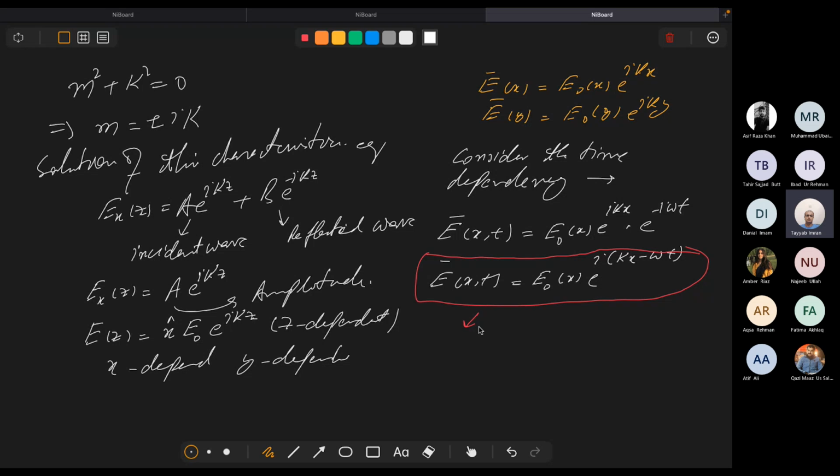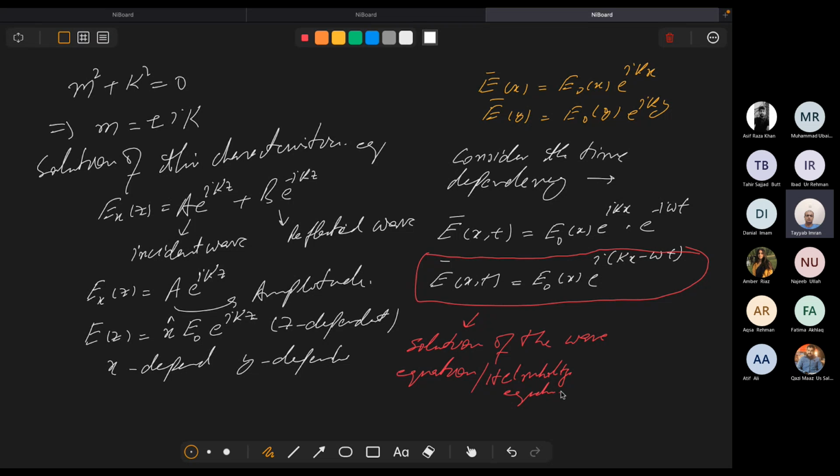is basically the solution of the wave equation or the Helmholtz equation. This is the solution of the Helmholtz equation or the wave equation, because the Helmholtz equation is also a wave equation.